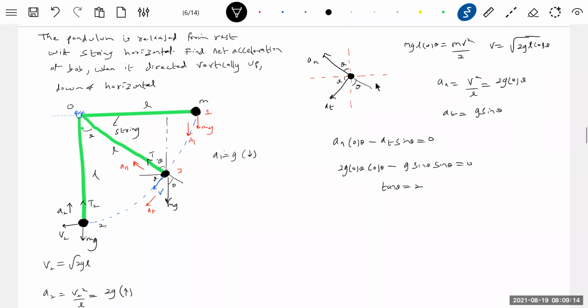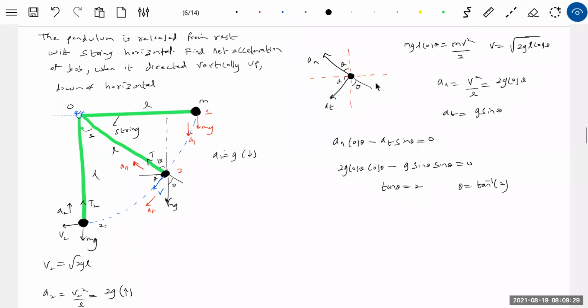So theta equals tan inverse of 2. At this particular position, when the string makes an angle tan inverse of 2, the total acceleration of the bob will be horizontal.